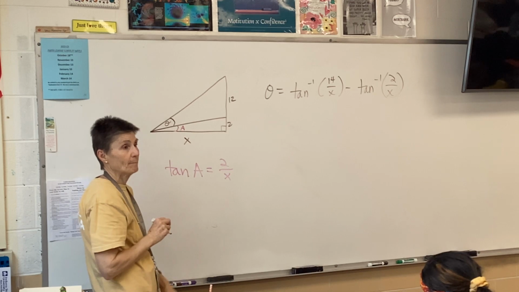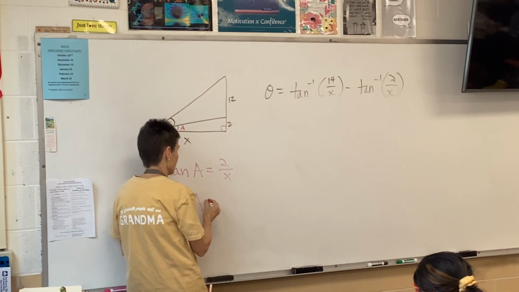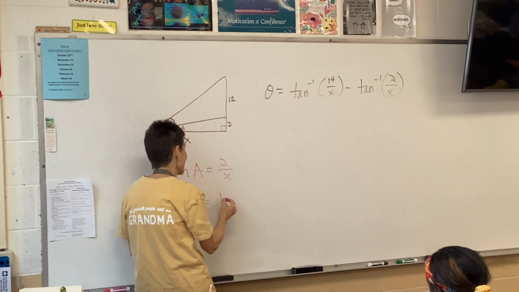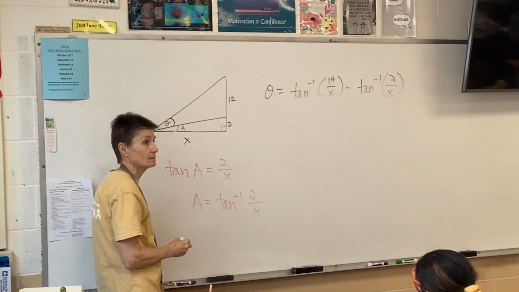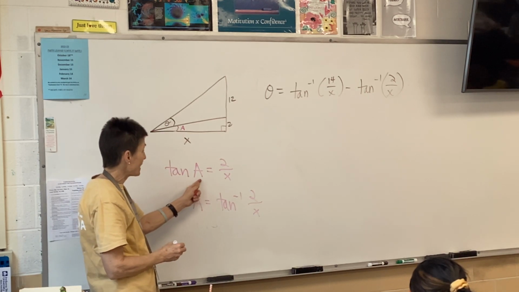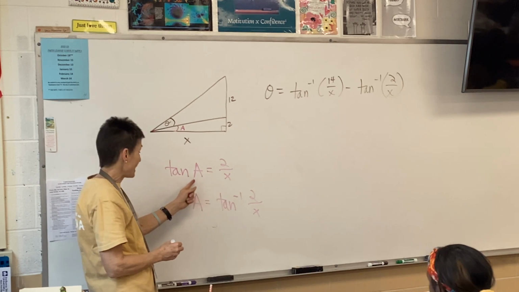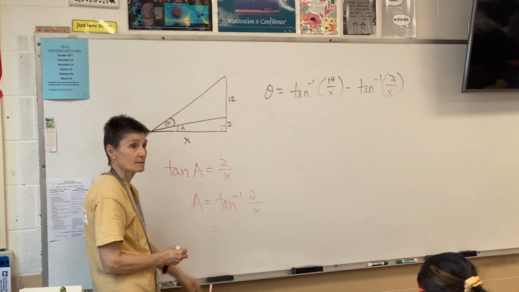Would you agree with that? Yeah. So A is the angle whose tangent is 2 over x. If the tangent of A is 2 over x, then A is the angle whose tangent is 2 over x.